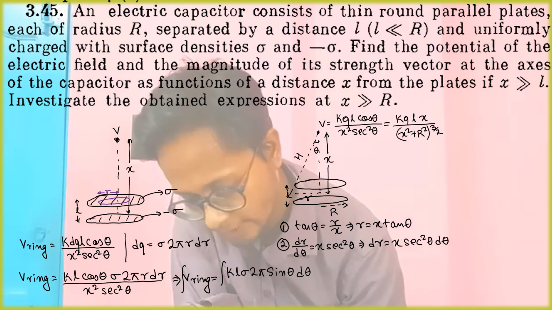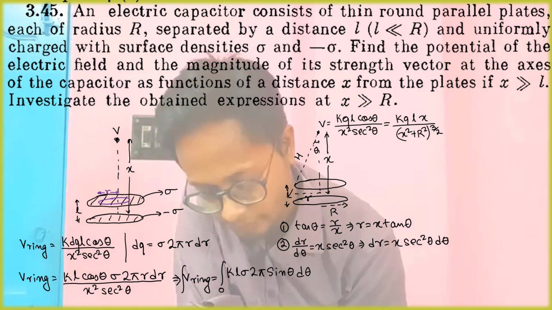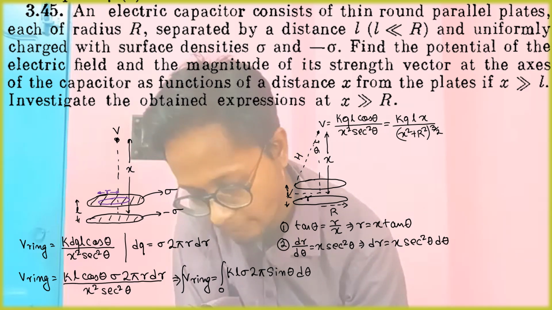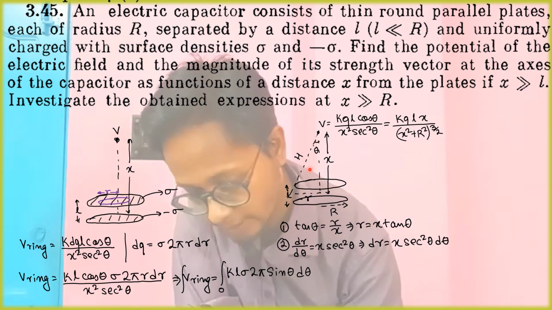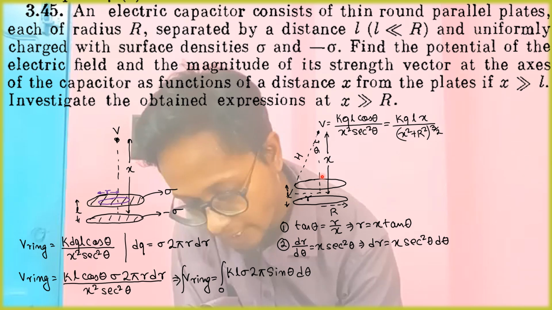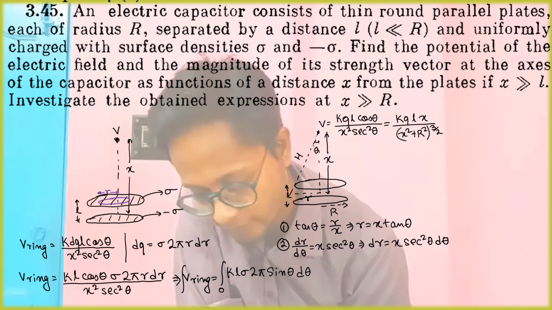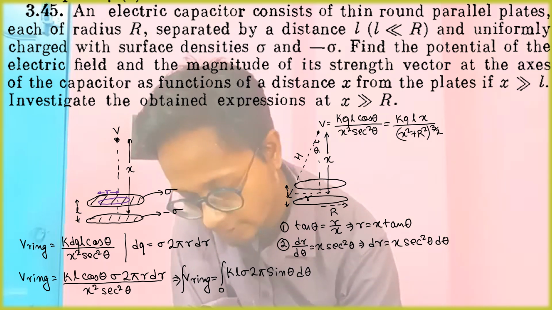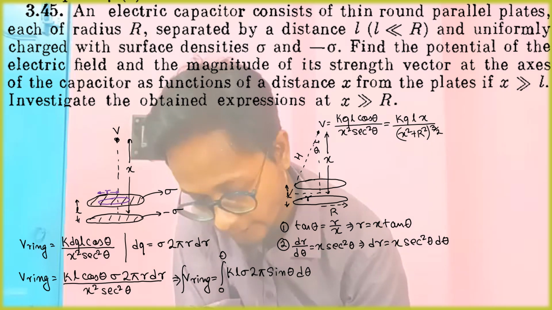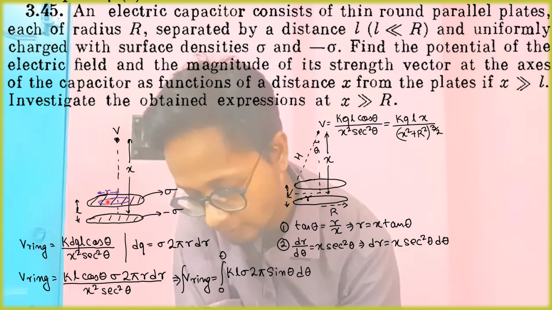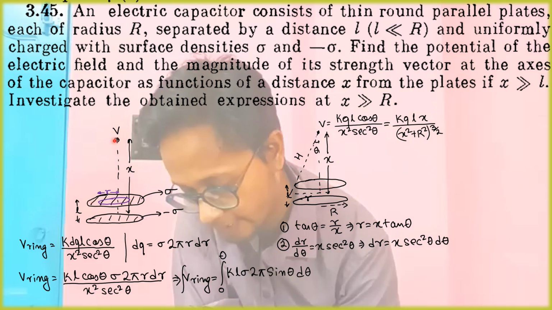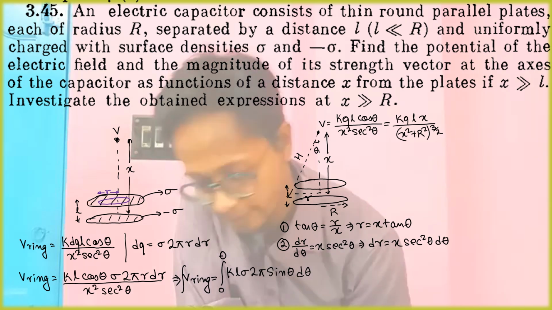So from theta is equal to 0 to theta is equal to this extreme value for capital R and x. This angle would be theta.